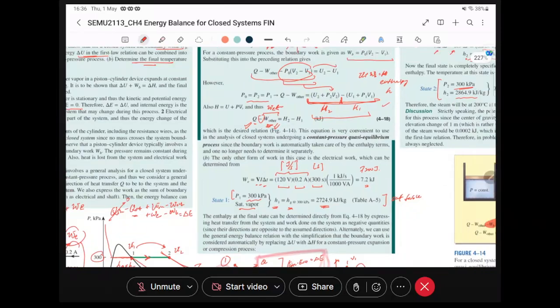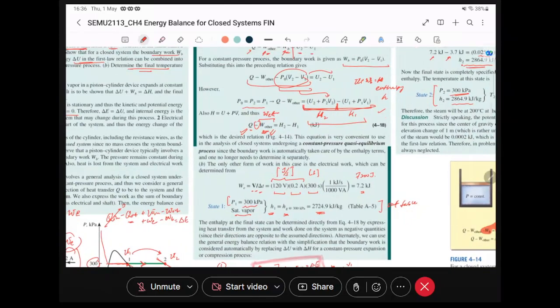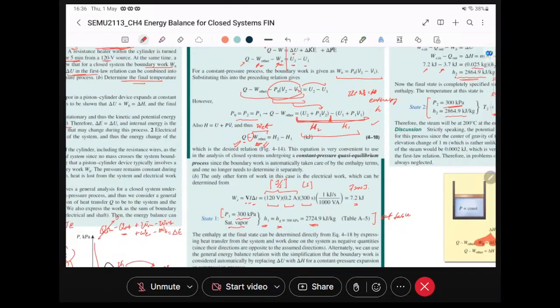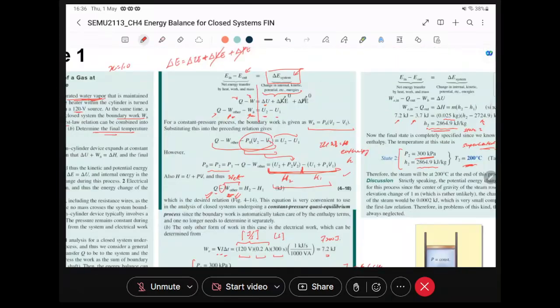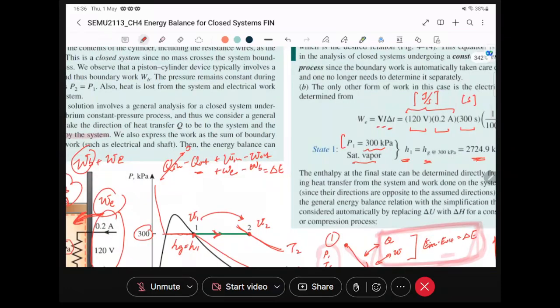Understand. I don't quite think it is though. I'm not too sure about this. Later on, you check whether it's consistent or not. But if I'm going to solve it, I will solve it this way.